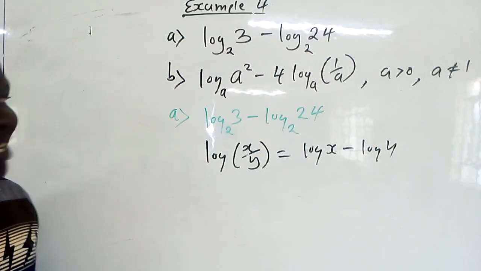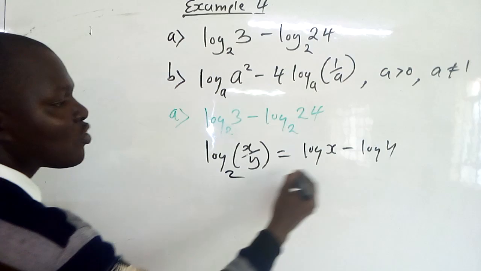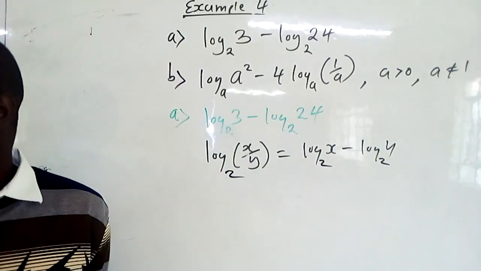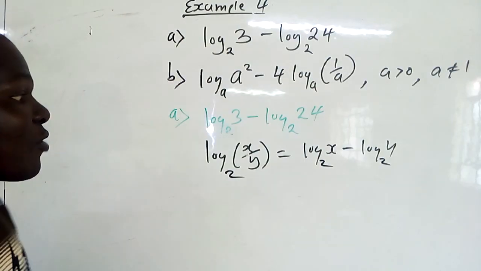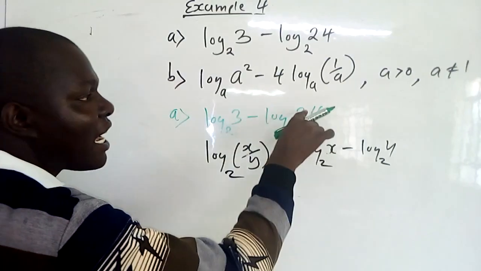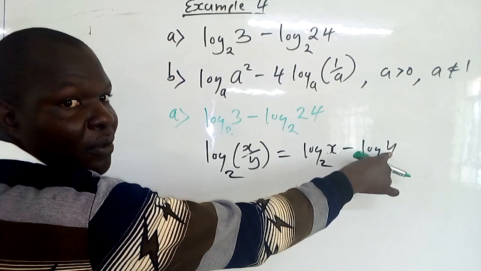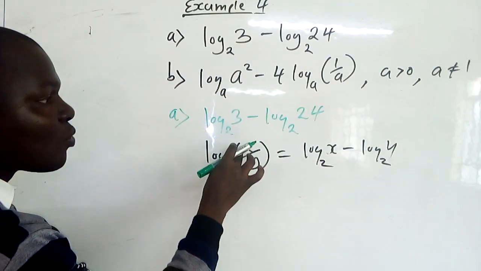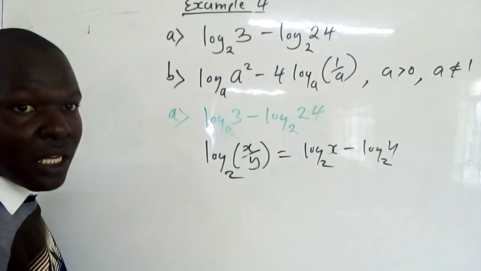The base here is 2, so you put base 2 for everything because the base must be the same. Our x is 3 and our y is 24, so where there is x, we put 3, where there is y, we put 24.